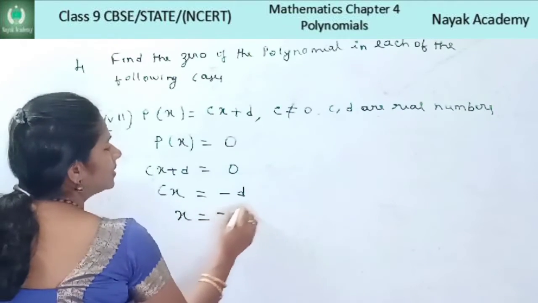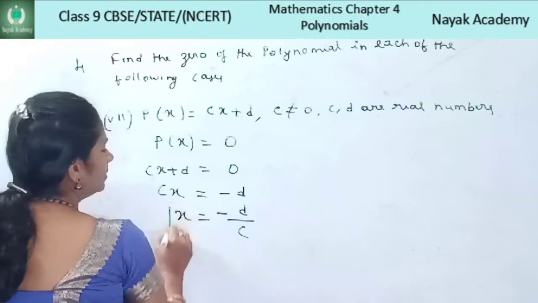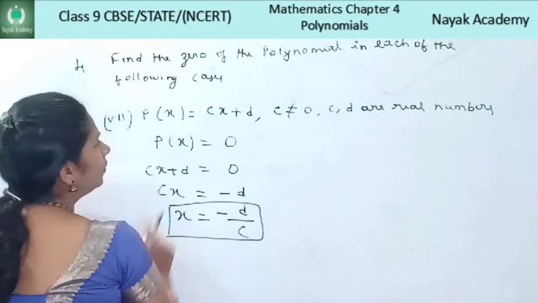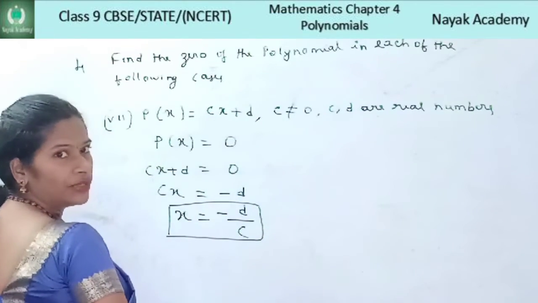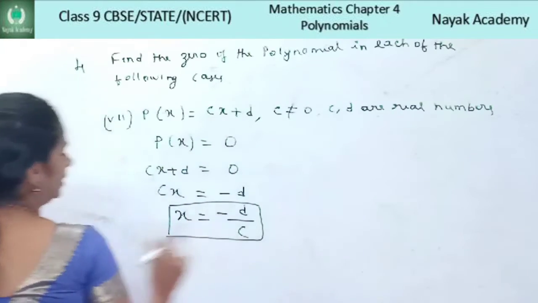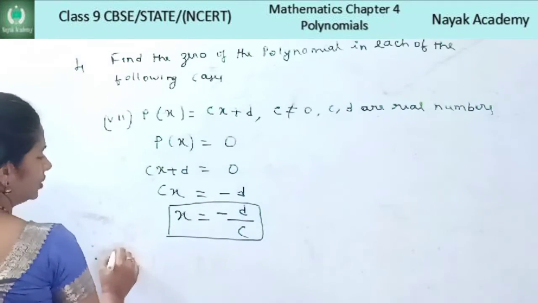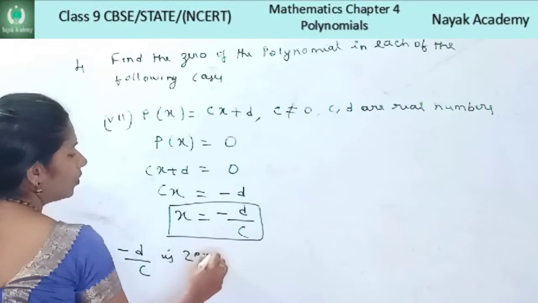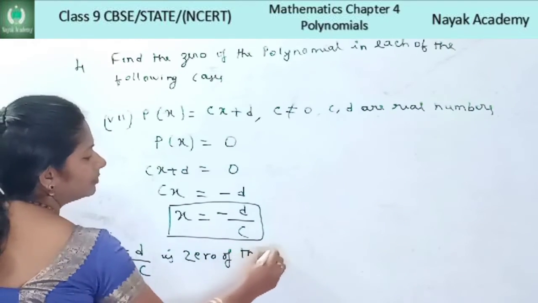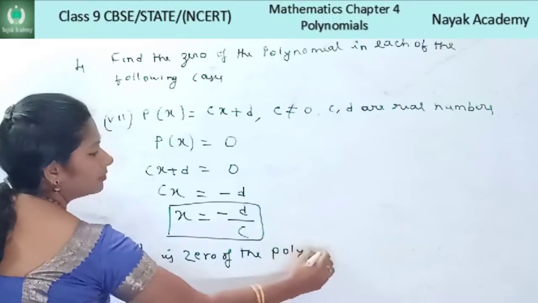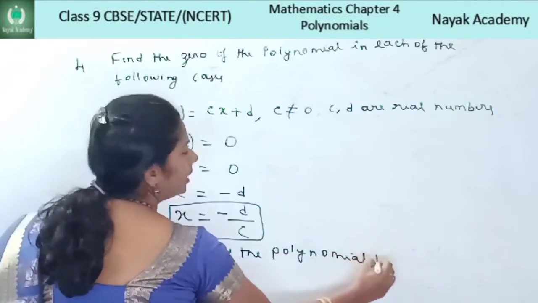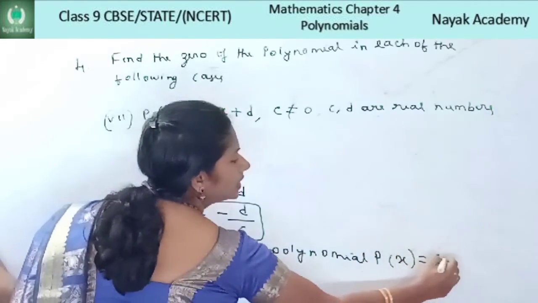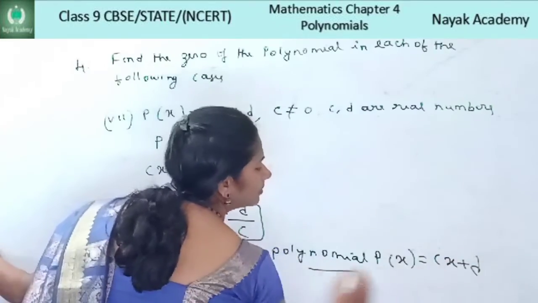X value is minus d divided by c, and it is the zero of the polynomial p of x is equal to cx plus d. Therefore let me write the conclusion. Minus d by c is the zero of the polynomial p of x is equal to cx plus d.